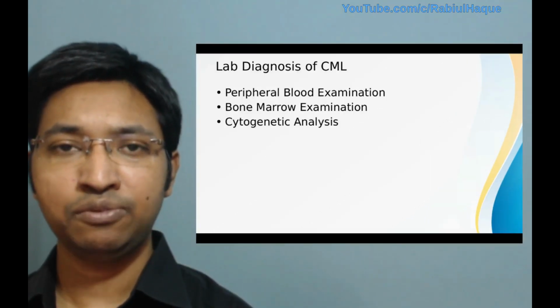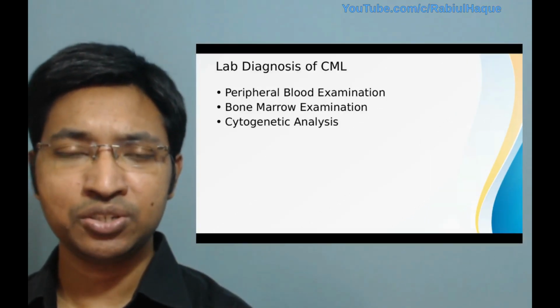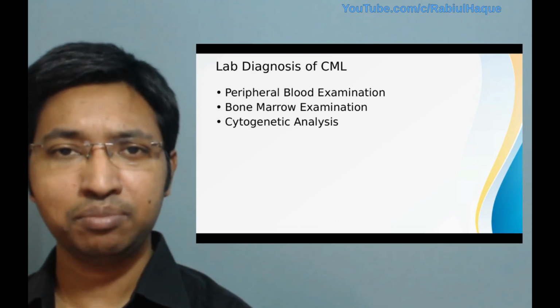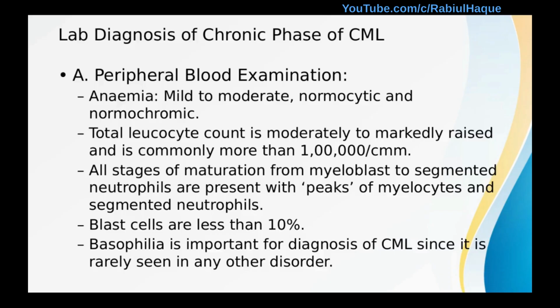So now that we have talked about the clinical features, let's move on and talk about the lab diagnosis of chronic myeloid leukemia. So first, let's talk about the lab diagnosis of the chronic phase. In the peripheral blood examination, we will find anemia that will be mild to moderate, normocytic and normochromic.